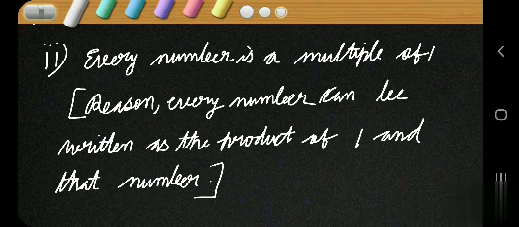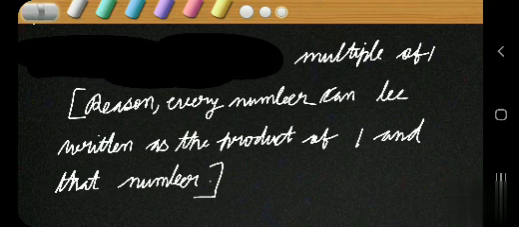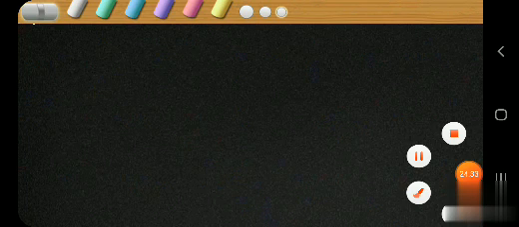Every number can be written as 1 into that number. Any doubt in that? It's very clear, isn't it? No doubt at all.